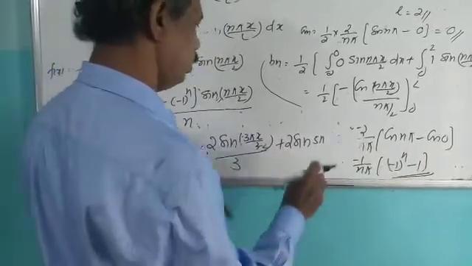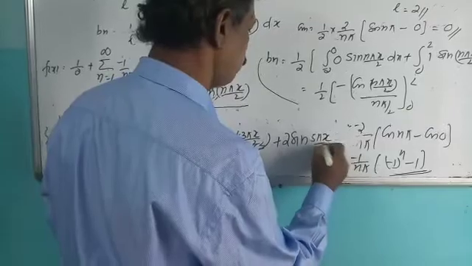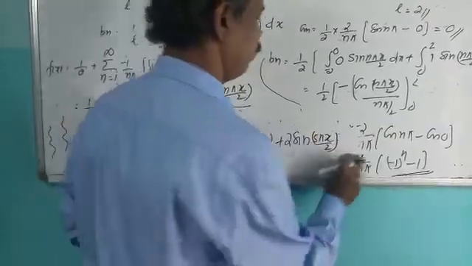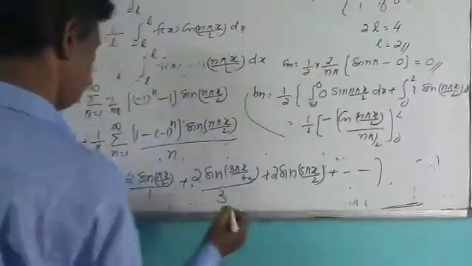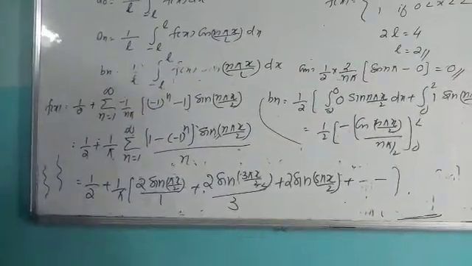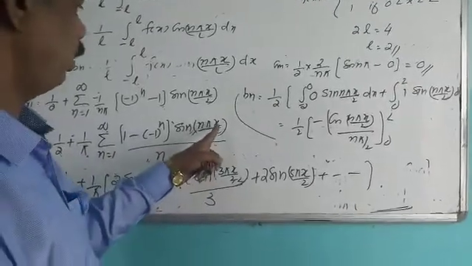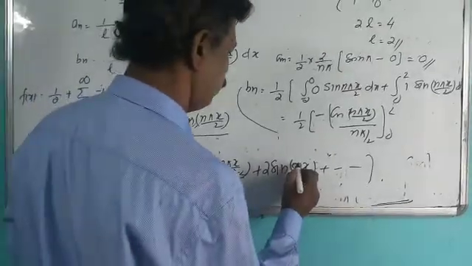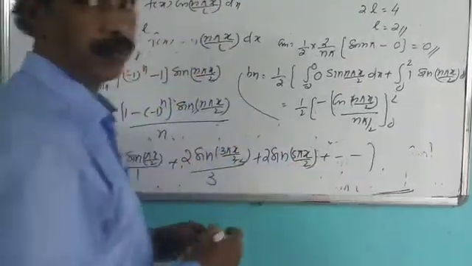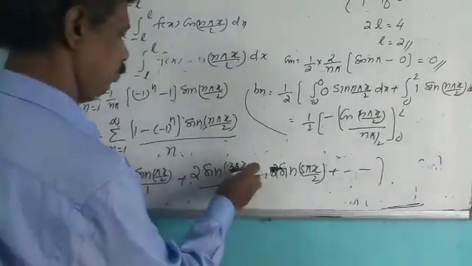When n is equal to 5, sin(5πx/2), plus etc. That is the expansion of this term. That is f(x) equal to 1/2 plus 1/π times 2 sin(πx/2) plus sin(3πx/2) divided by 3 plus sin(5πx/2) divided by 5.